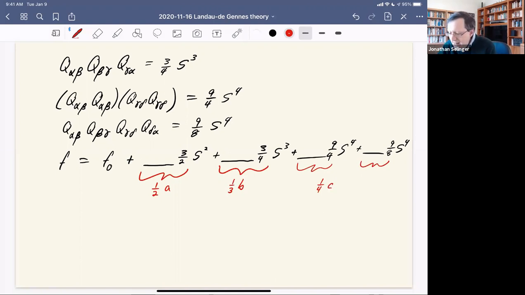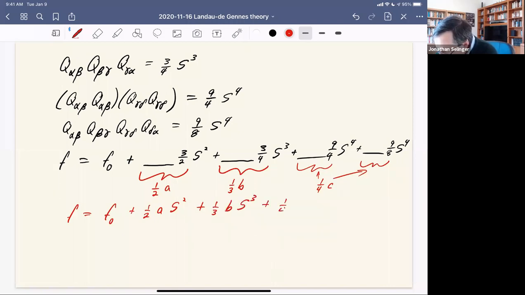So the free energy is then F0 plus 1/2 A s squared plus 1/3 B s cubed plus 1/4 C s to the fourth. In principle, there could be higher order terms also, but we'll neglect them for now.